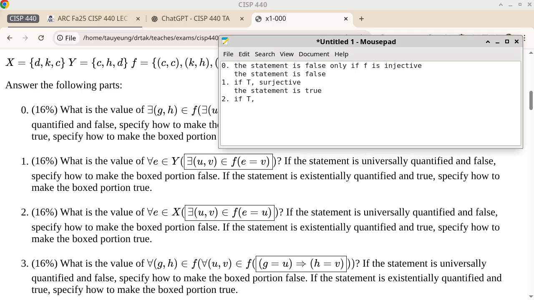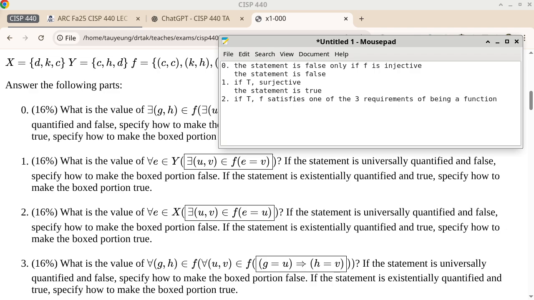It meets one single requirement, which is a part of whether F is a function. Well, let me write this down first. Okay, if true, F satisfies one of the three requirements of being a function.